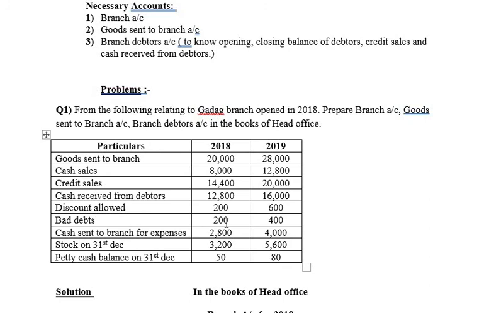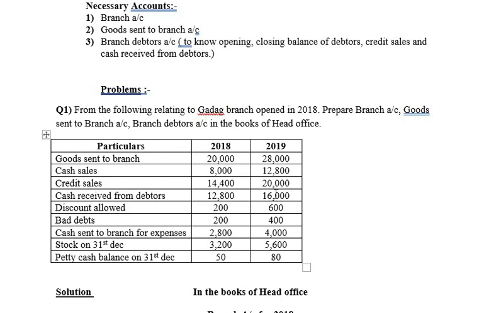Bad debts 200 and 400. Cash sent to branch for expenses 2,800 and 4,000. Next, stock on 31st December, which is nothing but the closing stock, 3,200 and 5,600. Petty cash balance on 31st December, again the closing balance, 50 and 80.